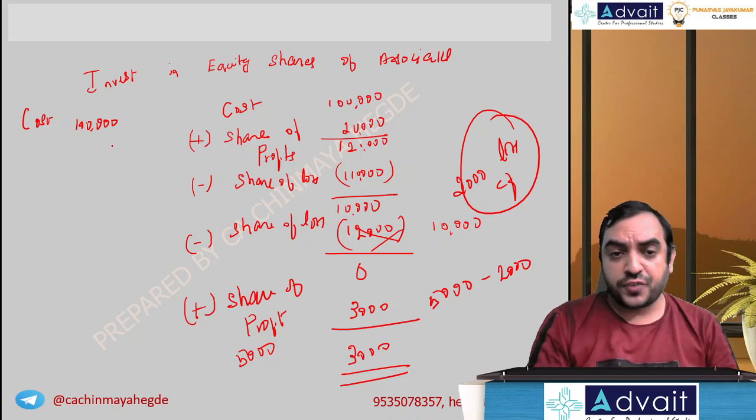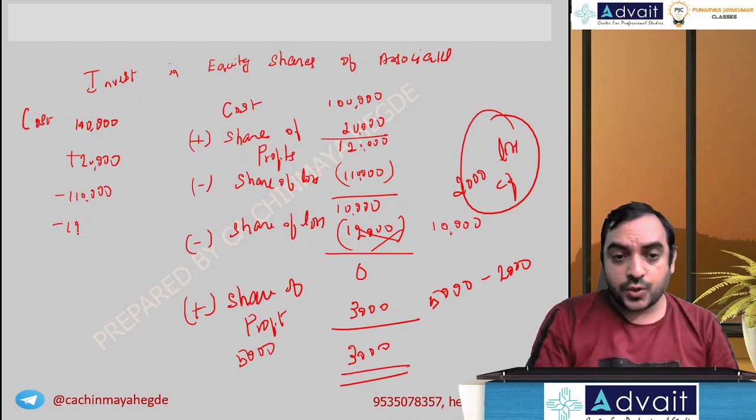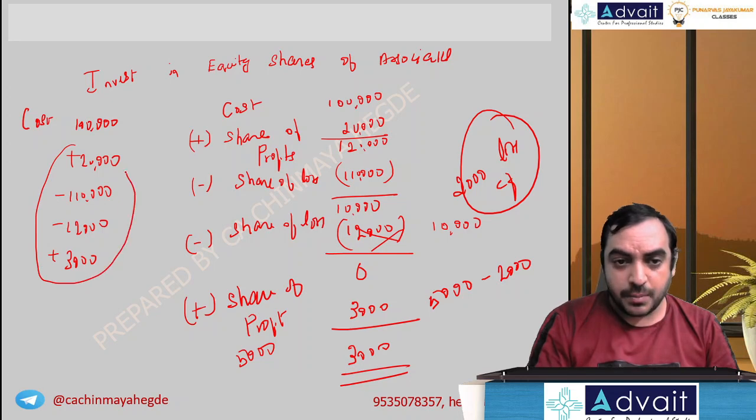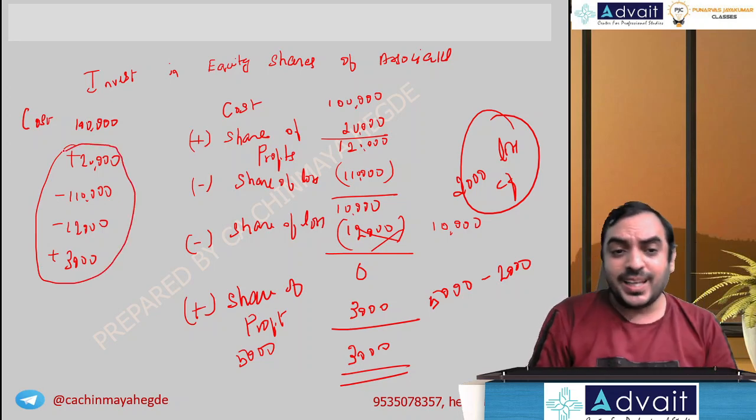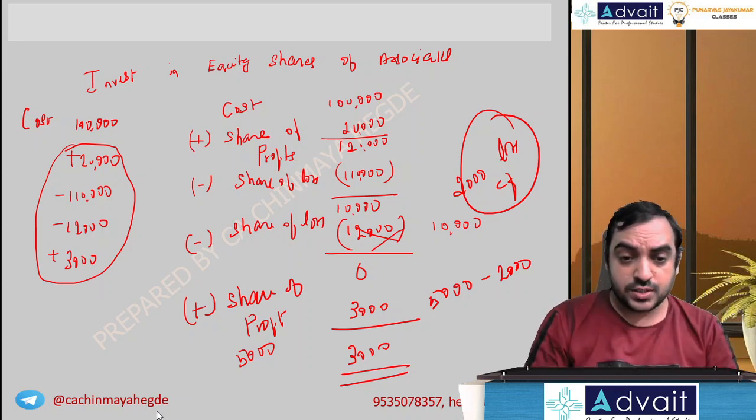Share of profits first year plus 20,000. Next year minus 1,10,000. Next year minus 12,000. Next year plus 3,000. So please tell me what will be the net amount. Plus 20,000 minus 1,10,000 minus 12,000 plus 3,000.